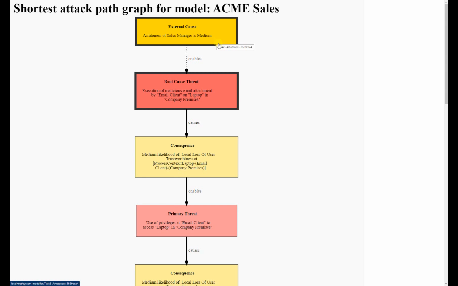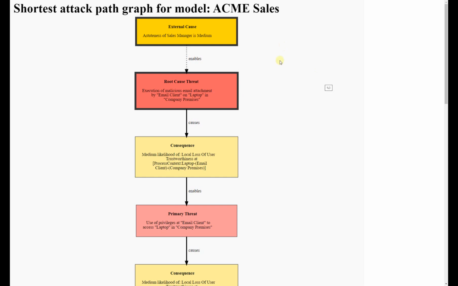So this is something we didn't touch on before, but it's another bit of the modeling of the assets where we configure them with certain properties we call trustworthiness properties. And we're just saying that this sales manager, well, they're just an ordinary person. They're not specially clued up on cybersecurity, and so there's a fair chance that they're going to get taken in by an email and open that attachment.